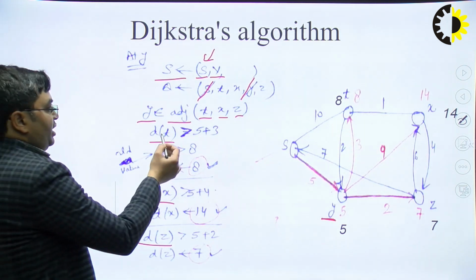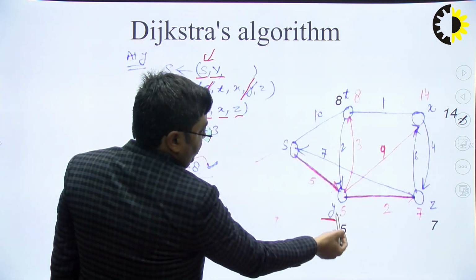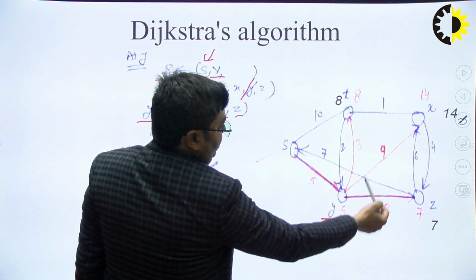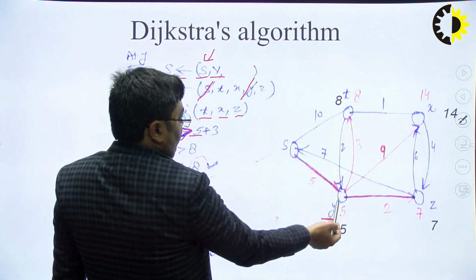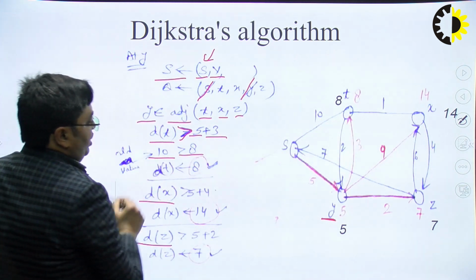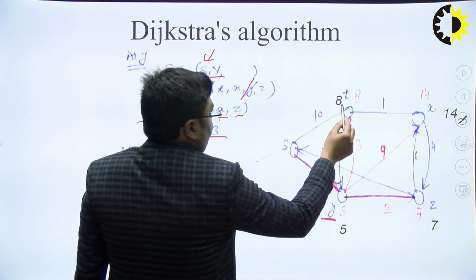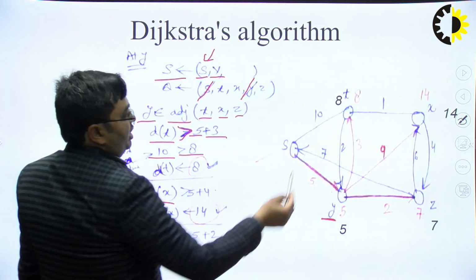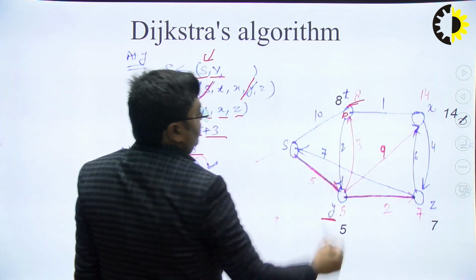Similarly, dt is greater than or equal to... already we have taken distance 5 plus 3 for reaching t, which means for dt we found the value 8. Initially, from the last step, it was 10, and now we are having 8.